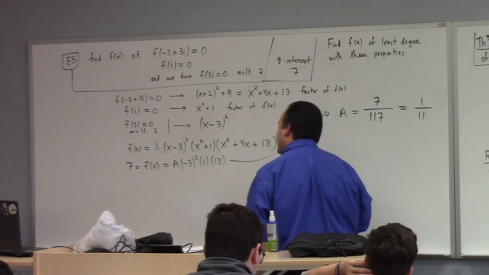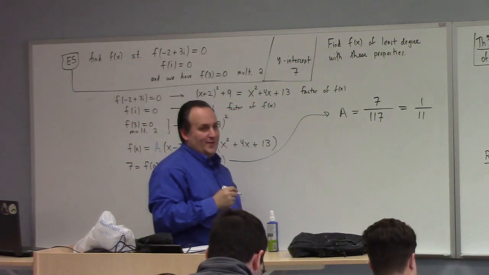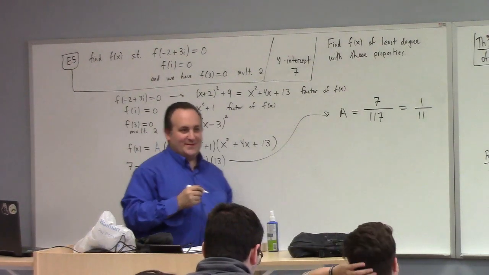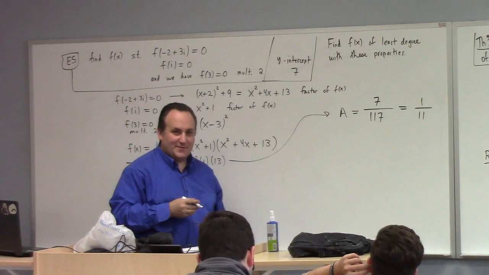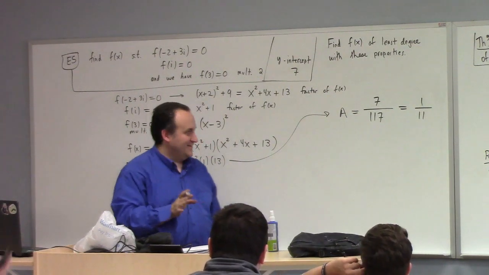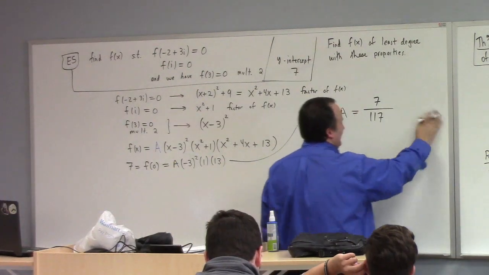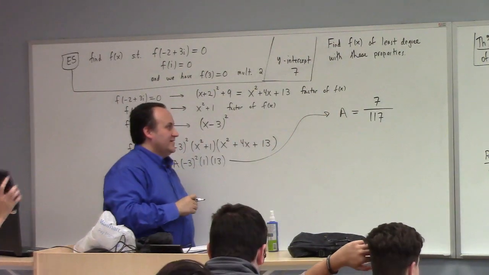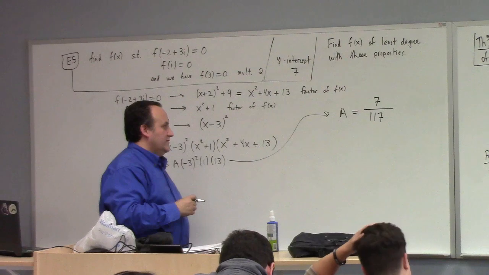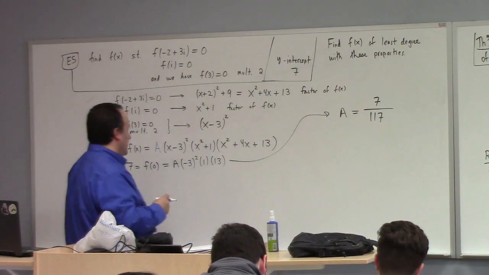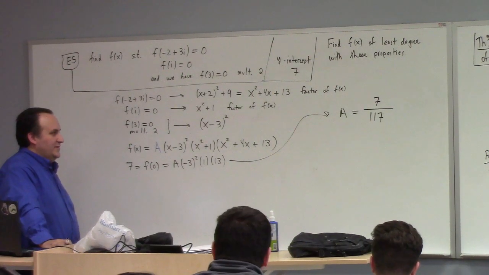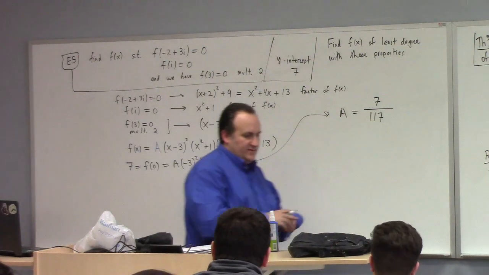Then we cancel the 7s and we get 1 over 11. Oh yeah, you can do that. That is something you shouldn't believe because it's a lie. But this is the kind of thing that I'll feature in my math prank channel. I want to teach this class, but only with wrong calculations. 7 divided by 117, well, I have no idea what that is in terms of a decimal approximation.